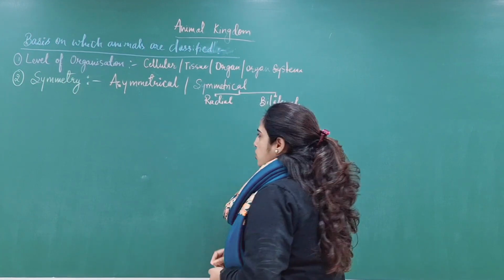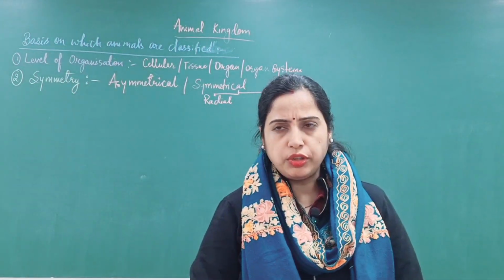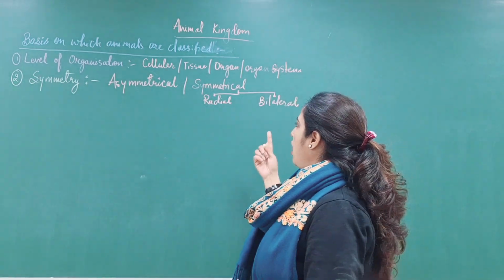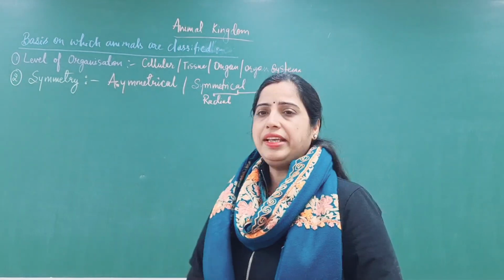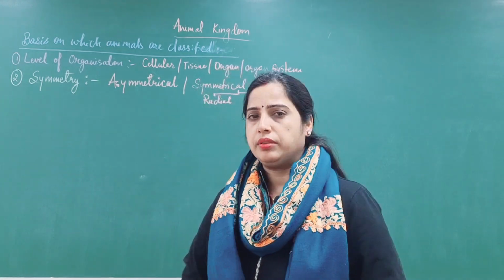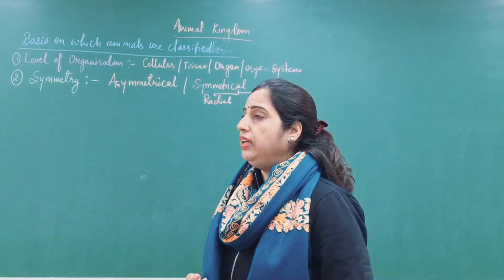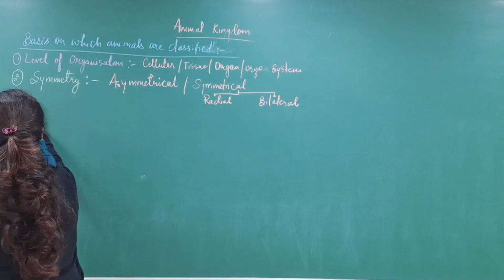I would love to know from you some organisms which are bilaterally symmetrical and some examples of radial symmetry. Of course, I will be dealing with it later on.